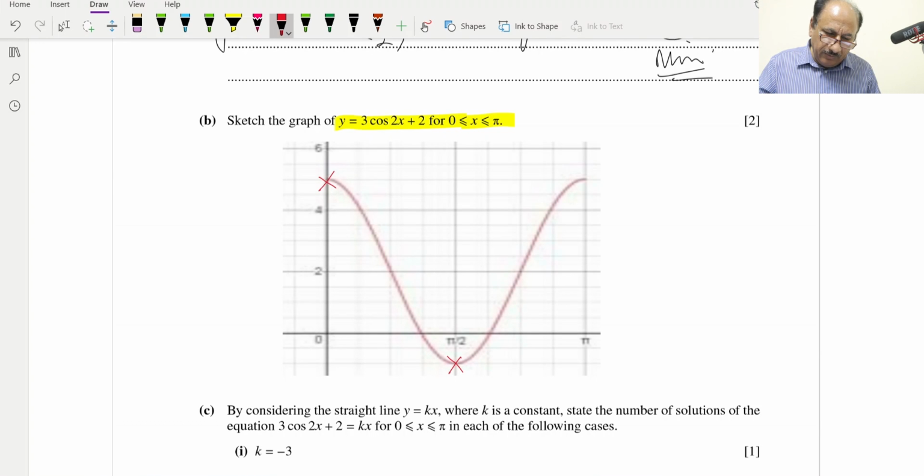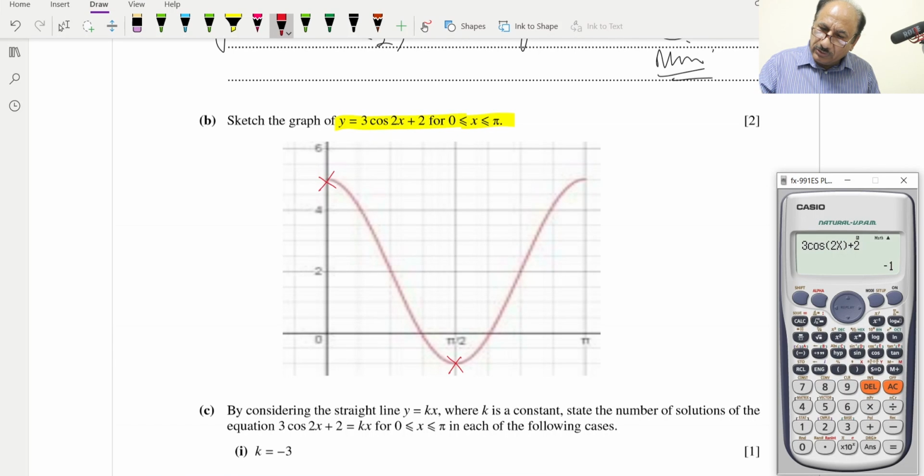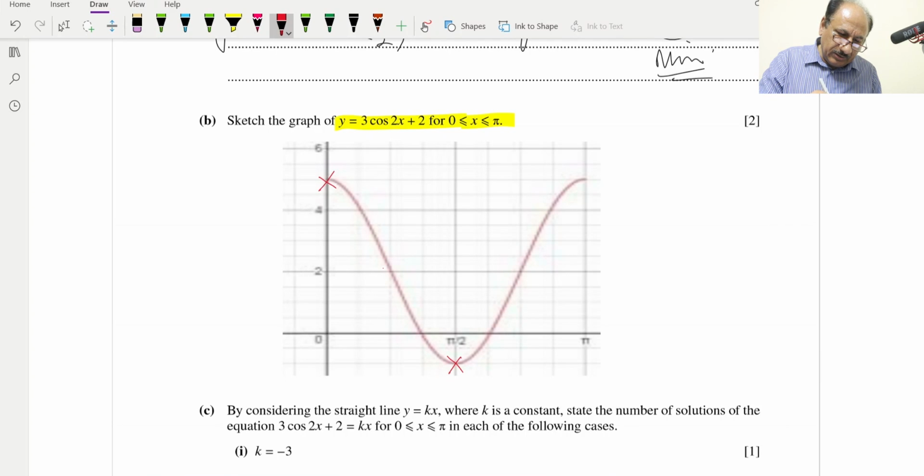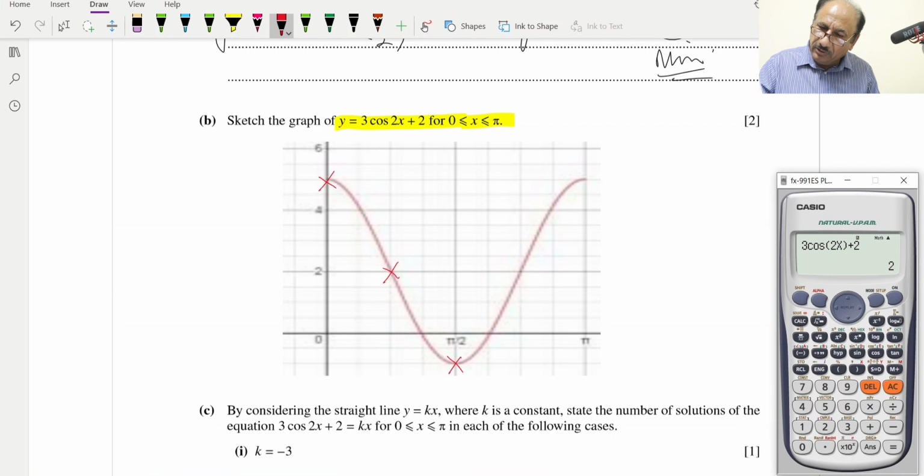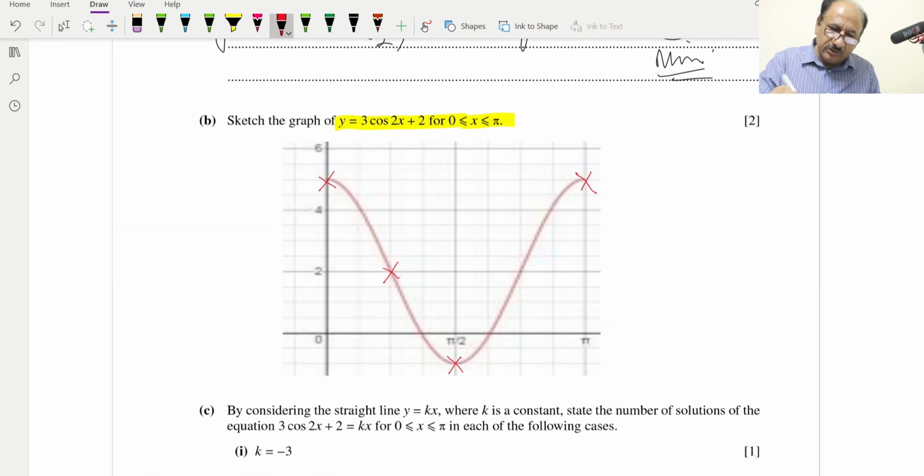Now in between pi by 2 and 0, we can take pi by 4 also, so calculate for pi over 4, and this will be equal to 2, so we get this point also. Similarly we can take the pi value. Calculate for pi, and this will give you 5 again, so you will get this point.